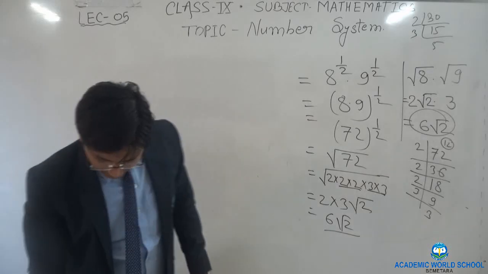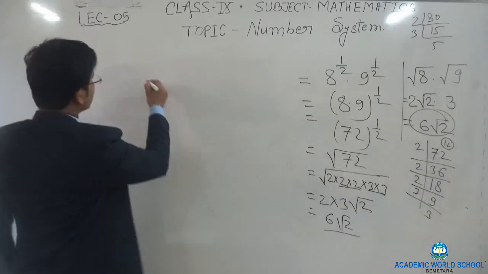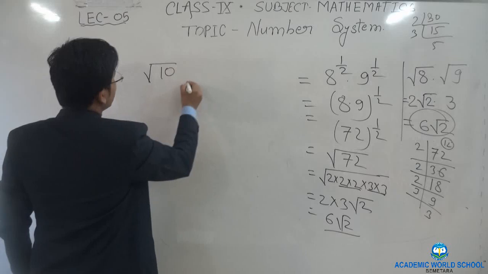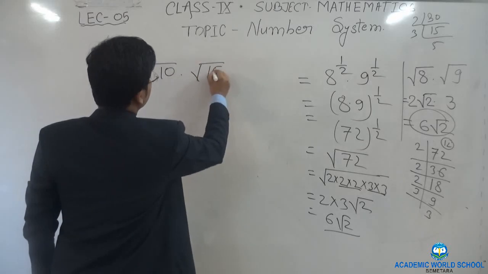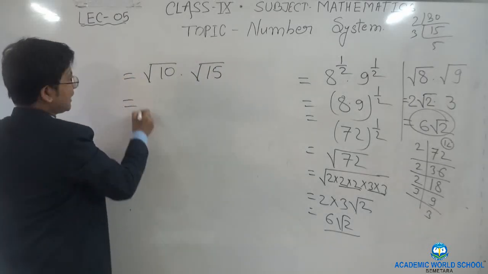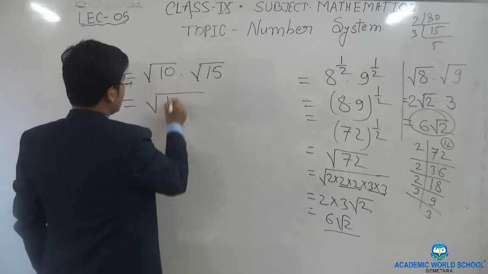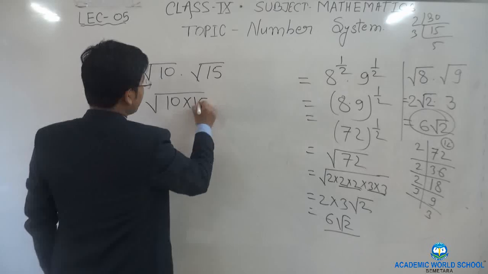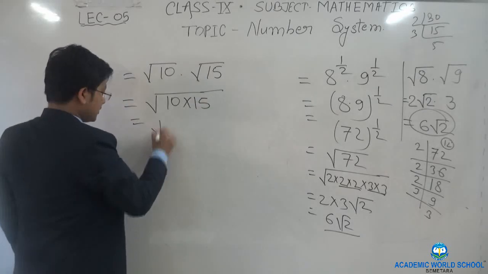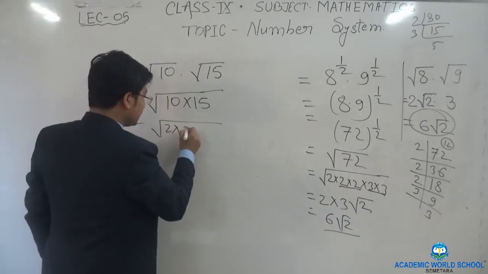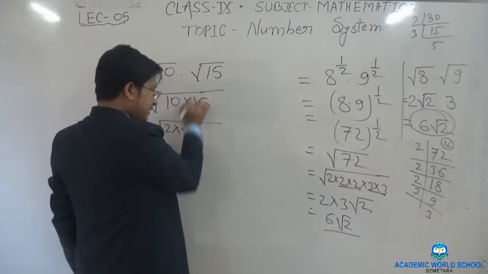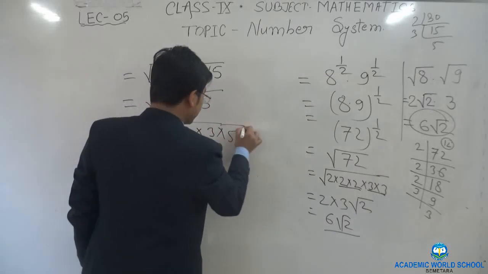Now I will write the next question for you: 10 into root over 15. You have to solve it now. So this will be 10 into 15. Now 10 can be written as 2 into 5, and 15 can be written as 3 into 5.